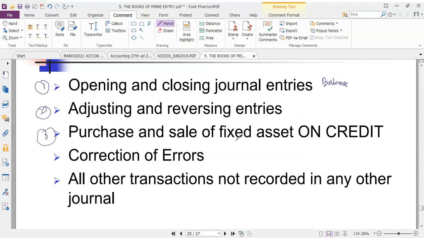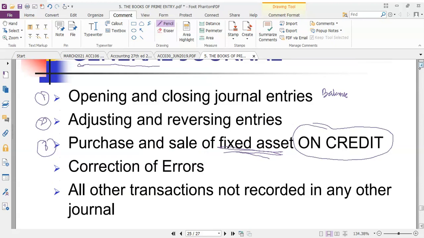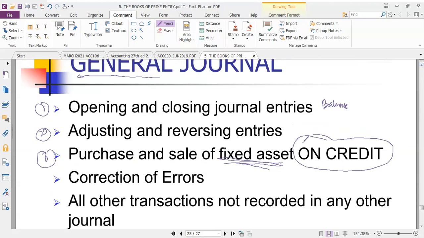purchase and sales of fixed asset on credit. Kalau lah ada transaction the owner purchase or sold fixed asset on credit, we must put in the general journal. If we purchase goods to sell, and purchase fixed asset, two different things.